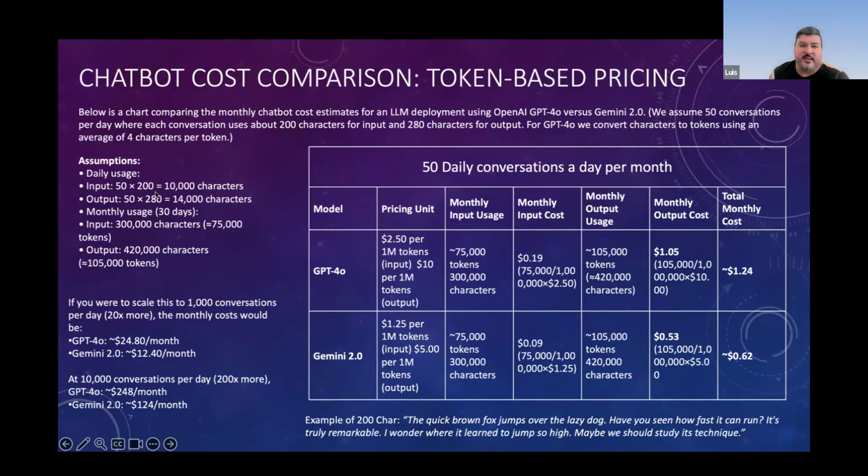So we multiply that by the day, right? So we assume 50 conversations per day. So let's say in your chatbot, you're going to have 50 people going in there and they're going to have a conversation with the chatbot. And each conversation uses about 200 characters for input or 280 characters for output.